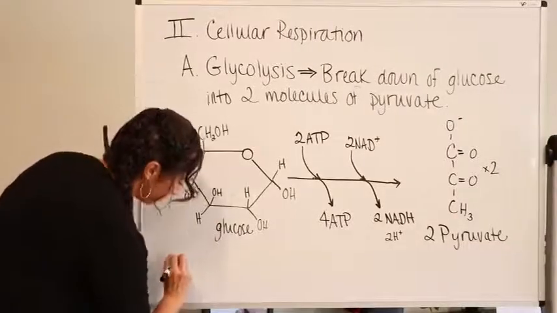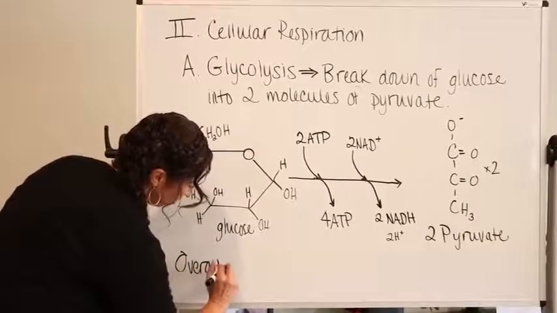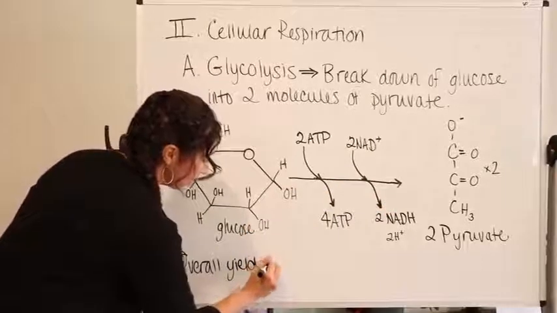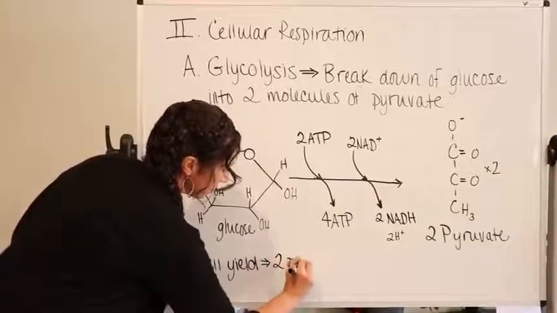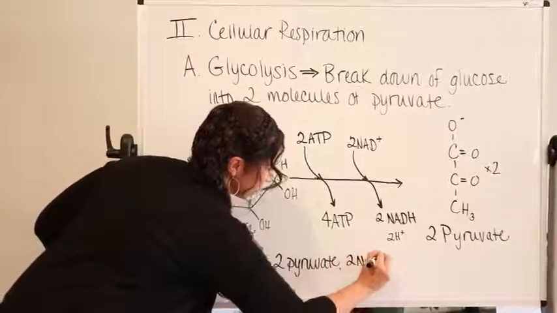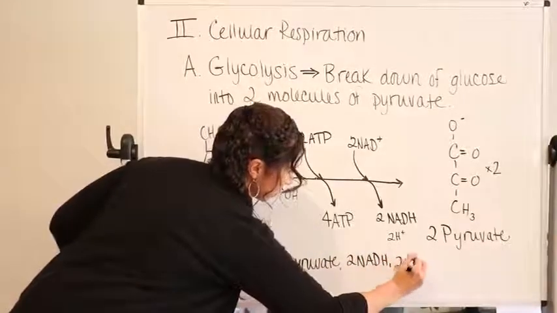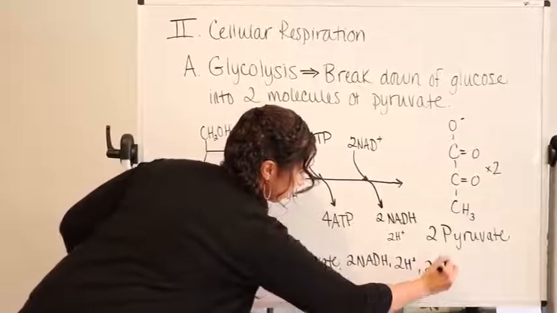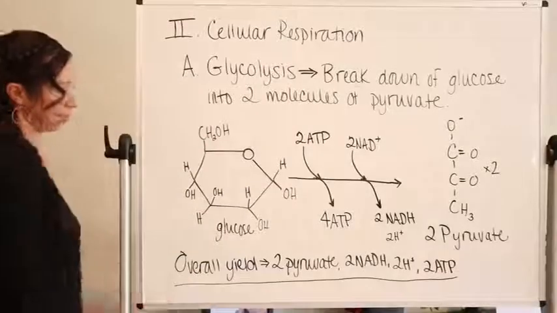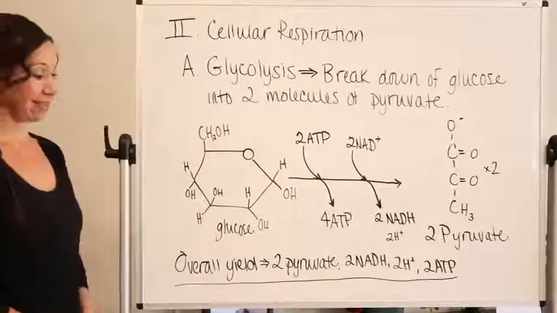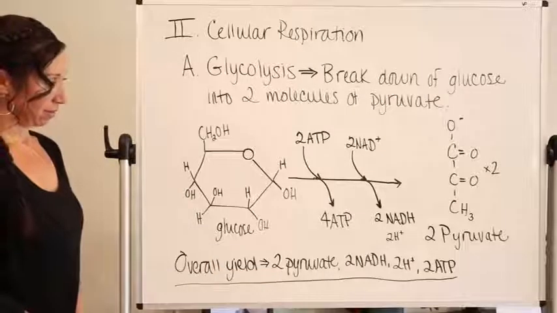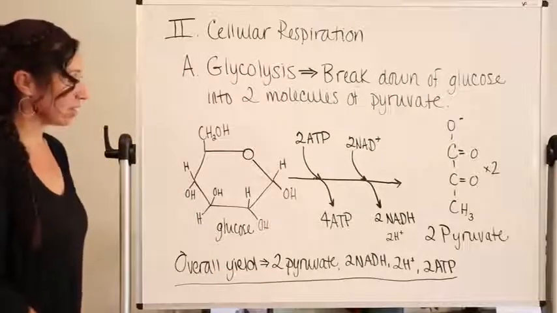The overall yield, meaning the stuff we make, is 2 pyruvate, 2 NADHs, 2 protons and 2 ATP. That's important to remember. That's glycolysis. So 1 glucose gives all of that. So we need a little bit of energy, but that's not enough to live on.